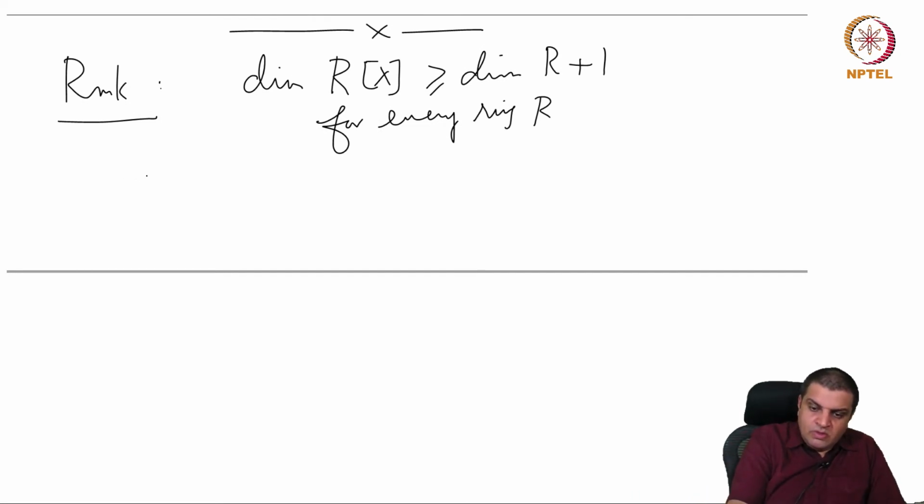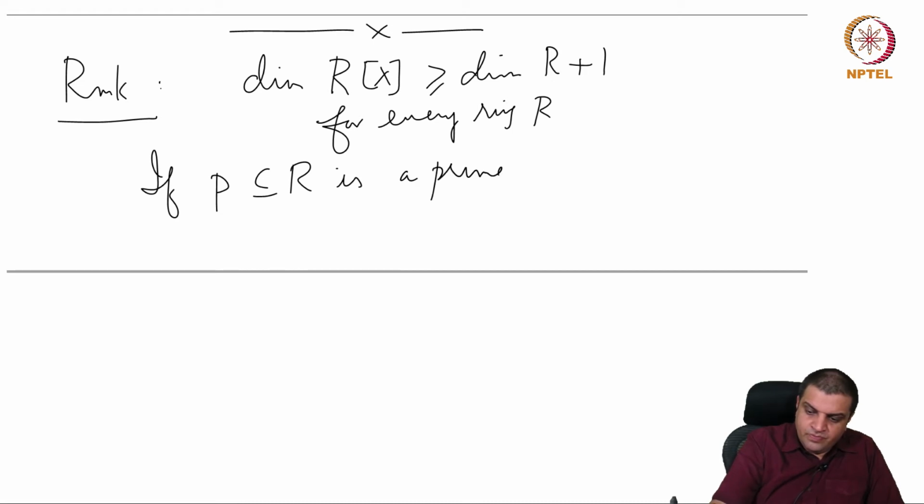So if P is a prime ideal of R, then its extension is also a prime ideal.